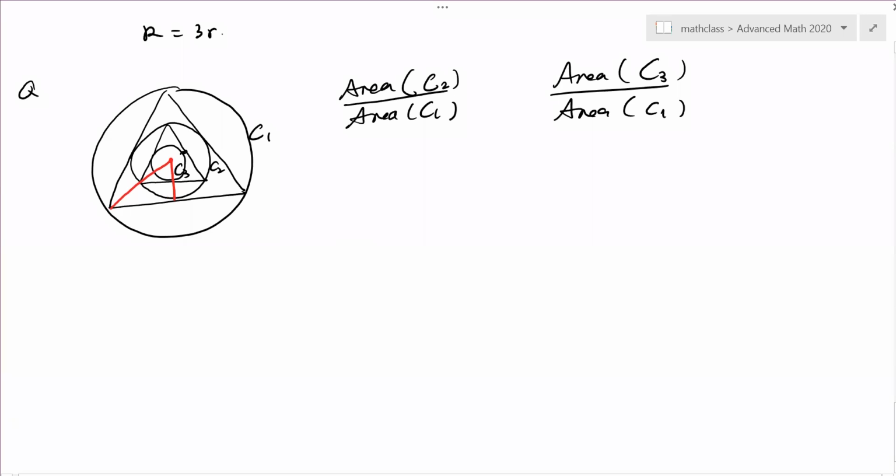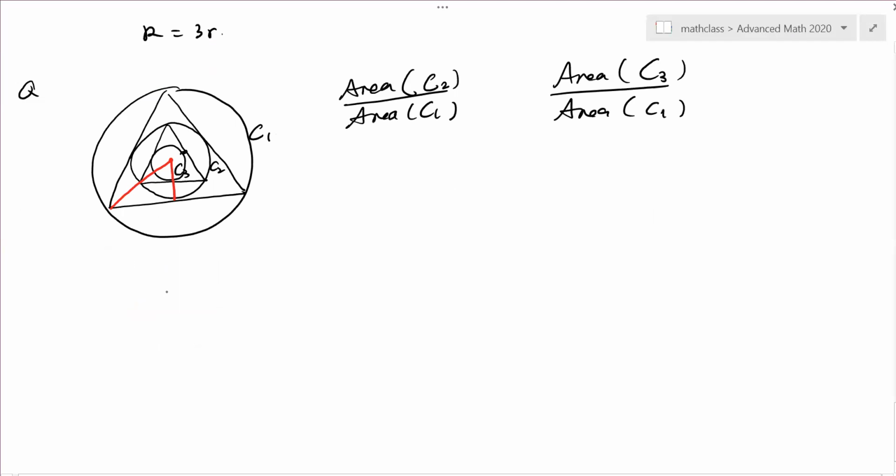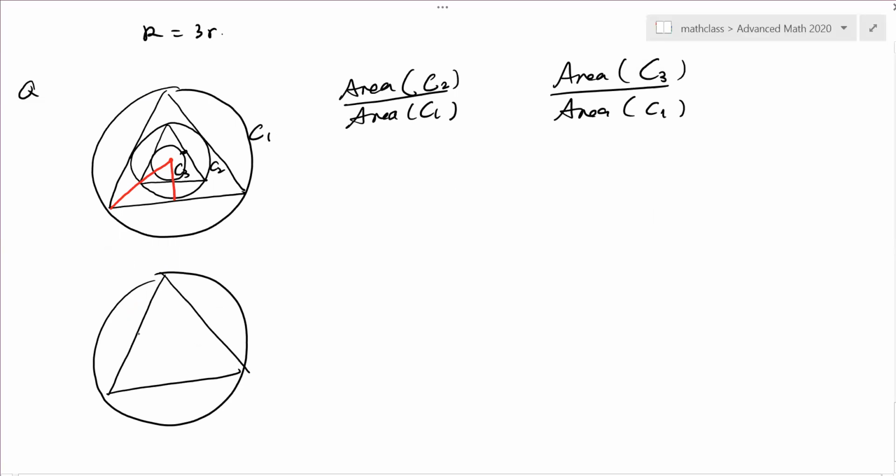Let's redraw the picture here. Draw the equilateral triangle and another triangle inside, another circle. So this is R1, this is R2, but this is an equilateral triangle.